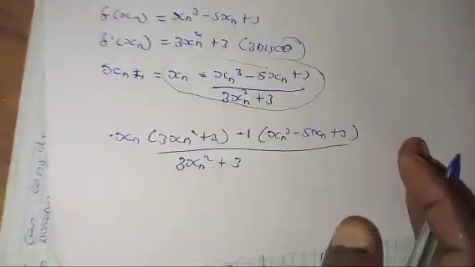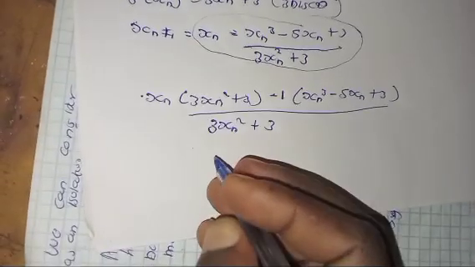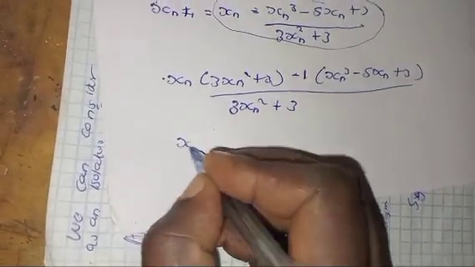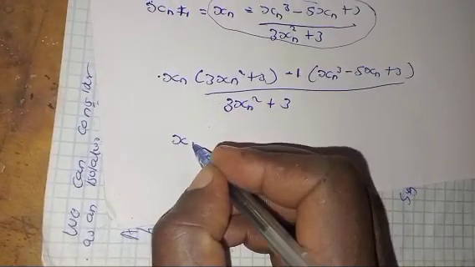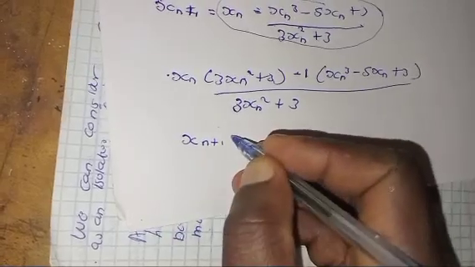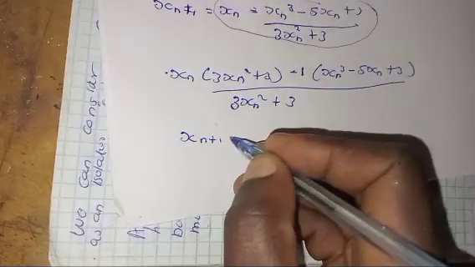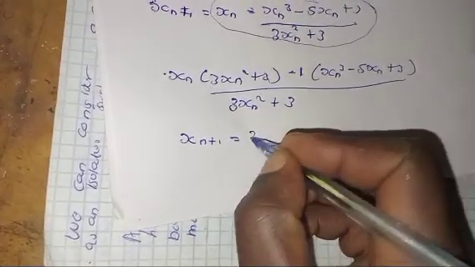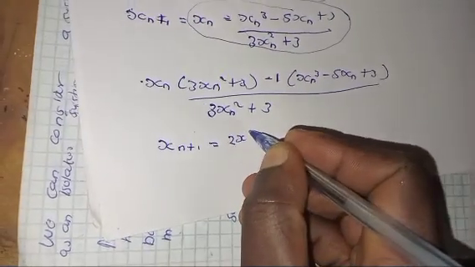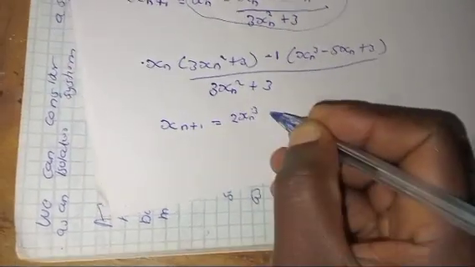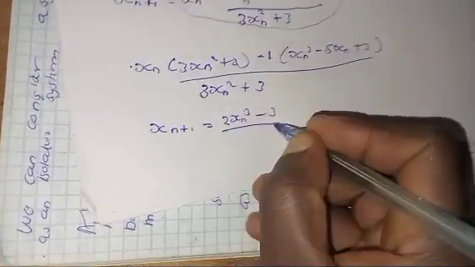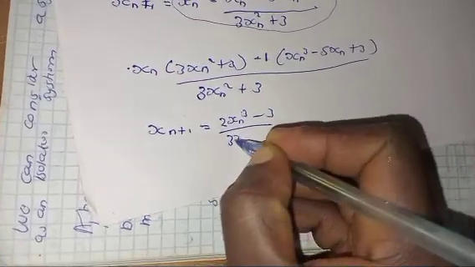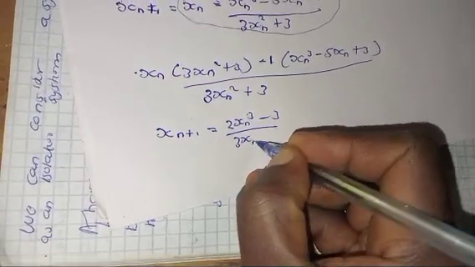After we substitute this, we find x_(n+1) is equals to 2x_n cubed minus 3 all over 3x_n squared minus 5.